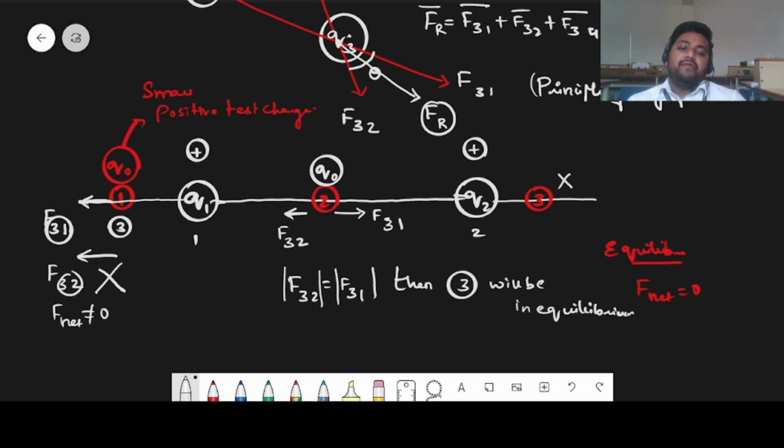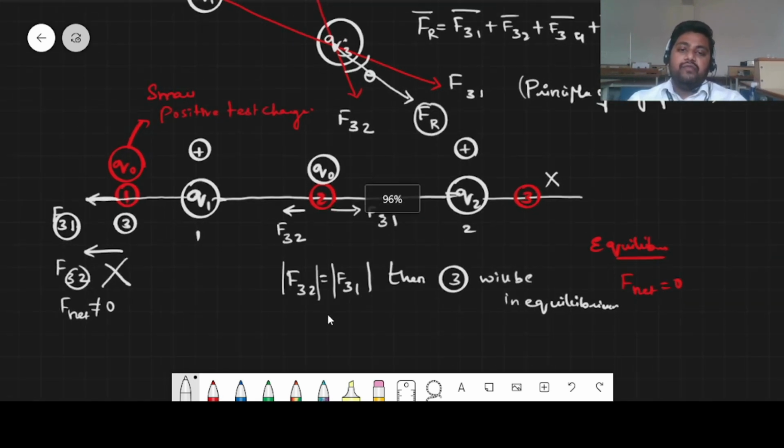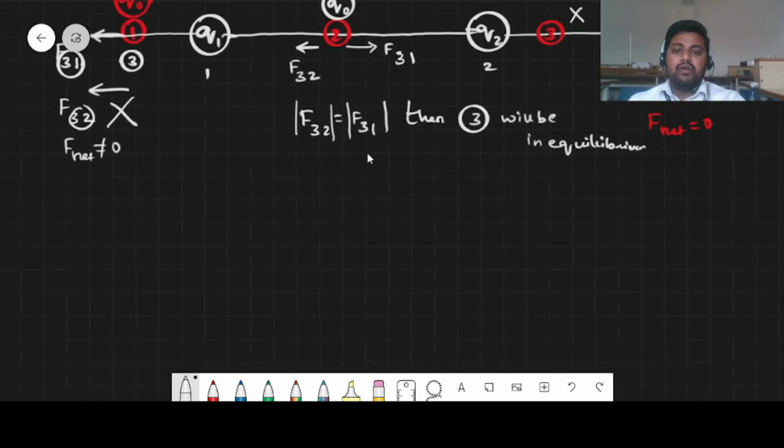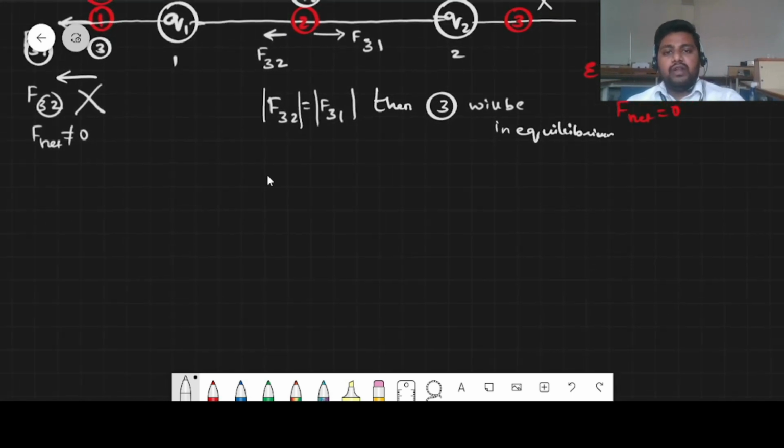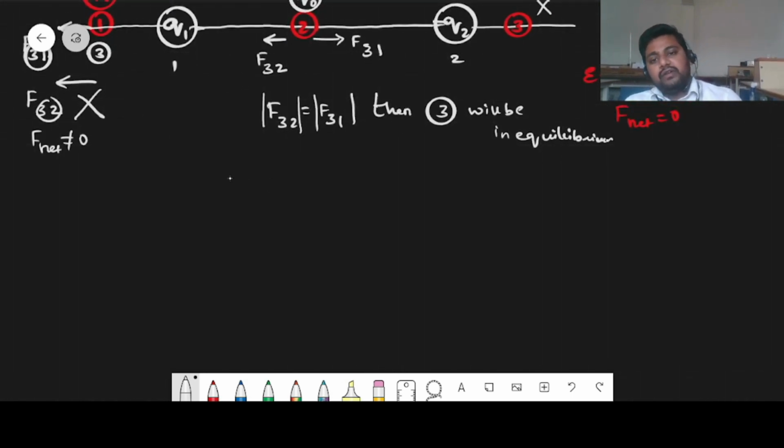Okay, so now, knowing this, we can write F31 is equal to F32. What is F31? How can we write F31? You can write K Q naught Q1 divided by the distance between them.